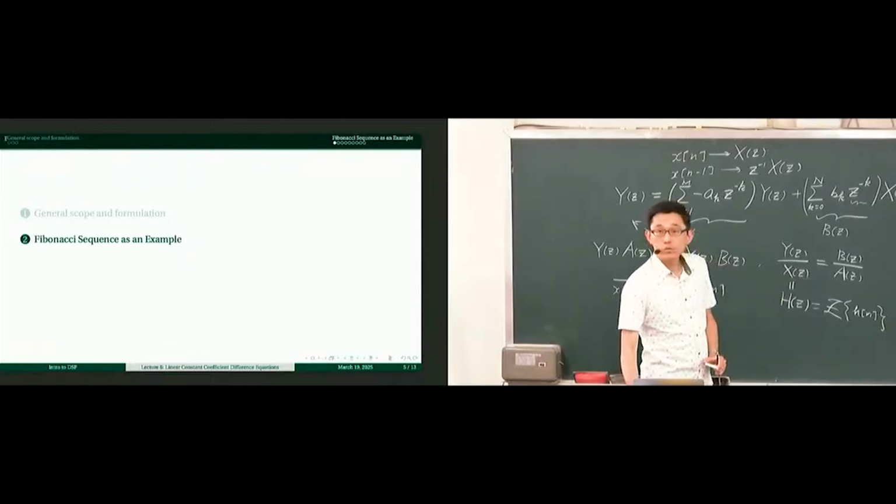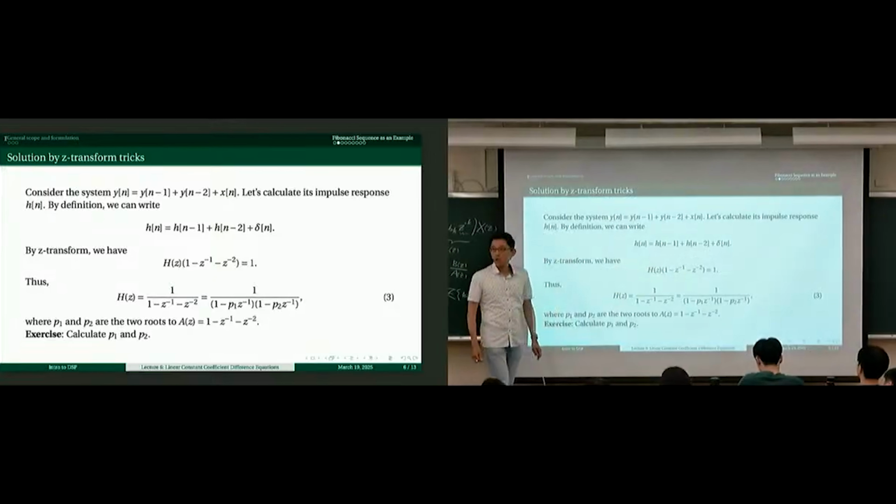So then our goal is to calculate the impulse response. So by definition, what is impulse response? Impulse response is the system's response when receiving the delta function as the input, right?